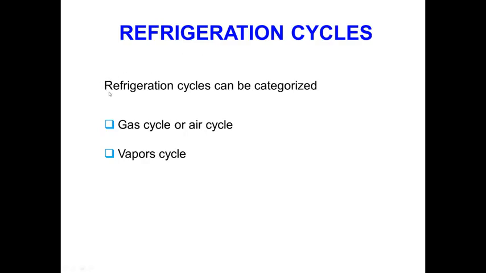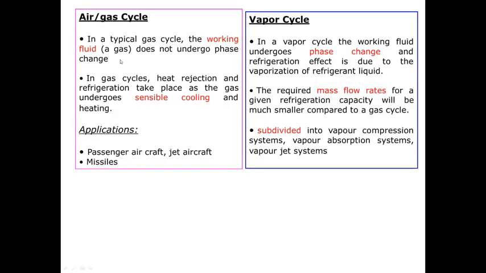We have two types of refrigeration cycle. One we call the air cycle or the gas cycle, another one is the vapor cycle. So let's first see their comparison. In the case of the air cycle, the working fluid is a gas, right? It does not undergo a phase change process. So if it does not undergo a phase change process, how can we produce cooling?